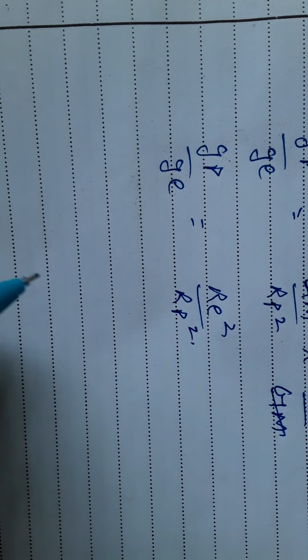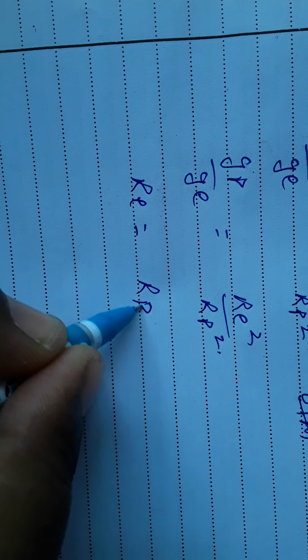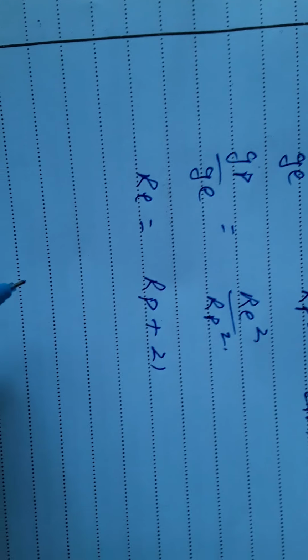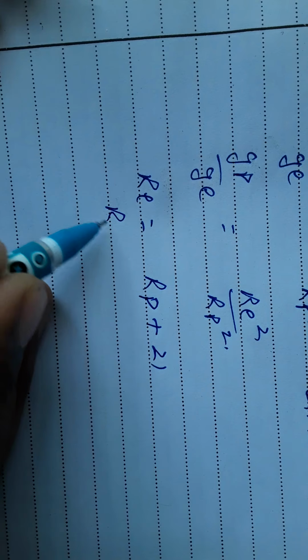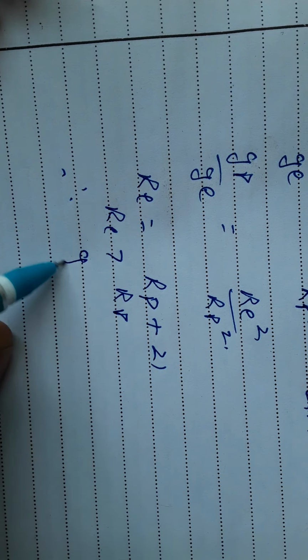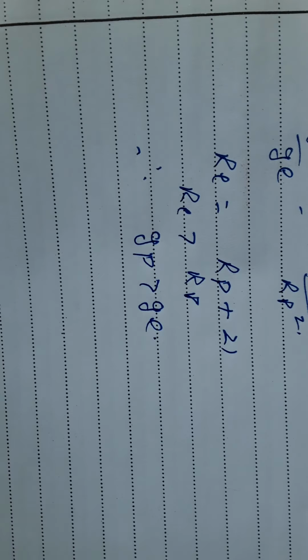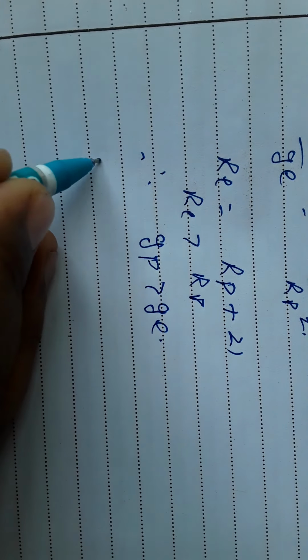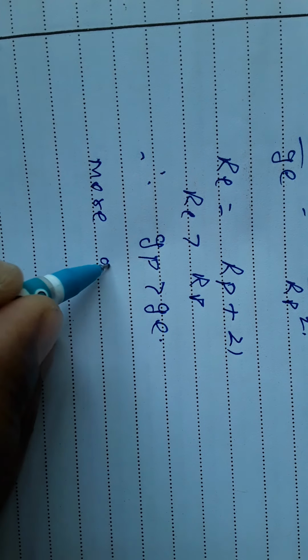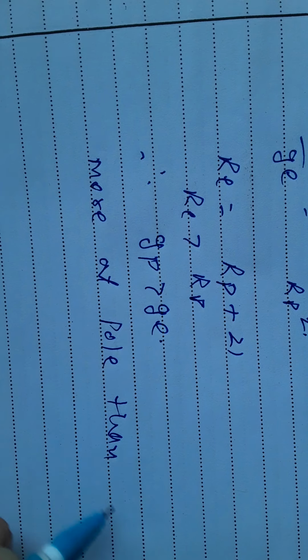Now radius of equator is more than radius of pole by 21 kilometer. Since Re is greater than Rp, we can write that Gp is greater than Ge. So acceleration due to gravity is more at pole than equator.